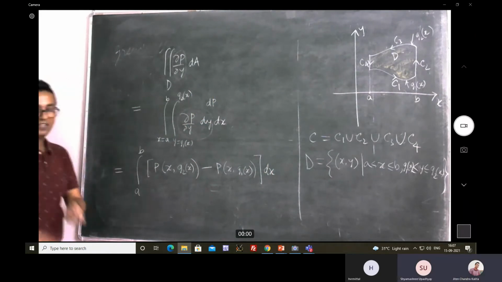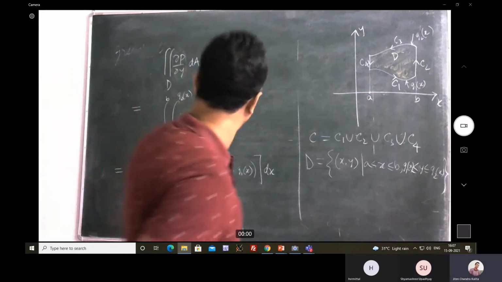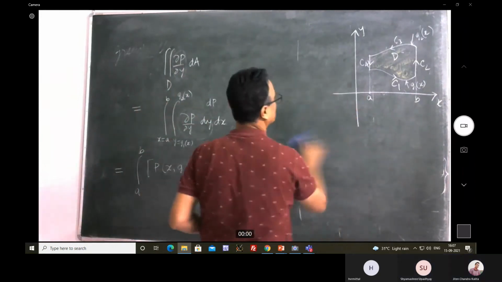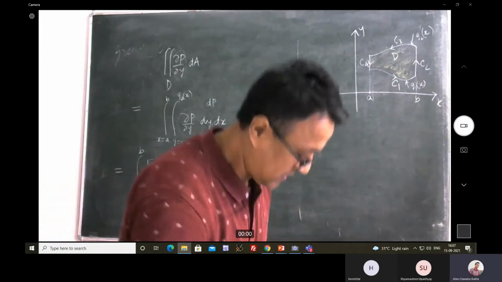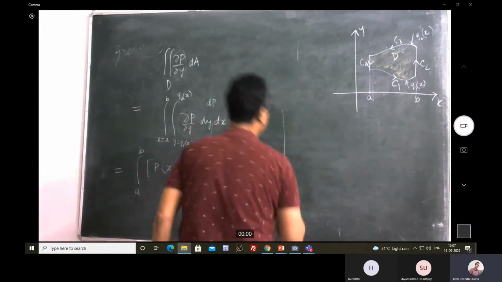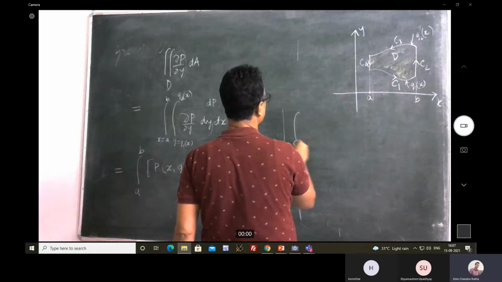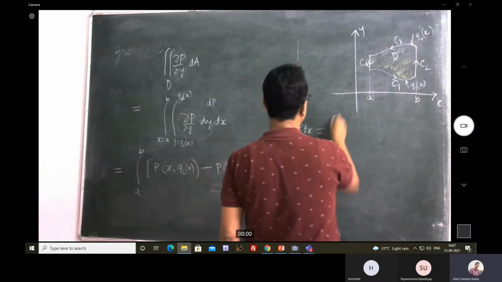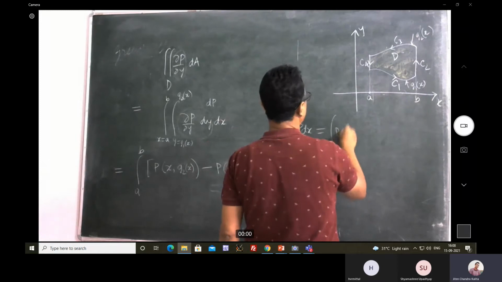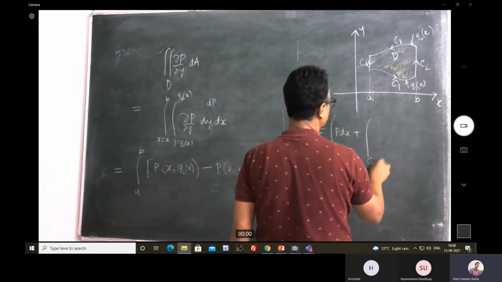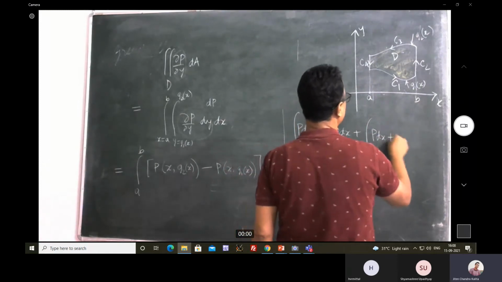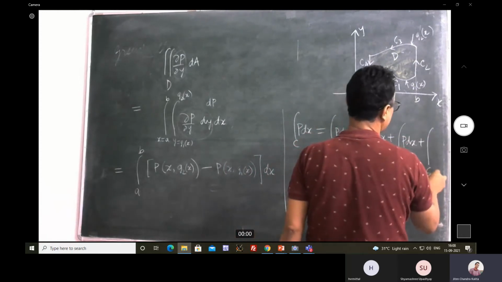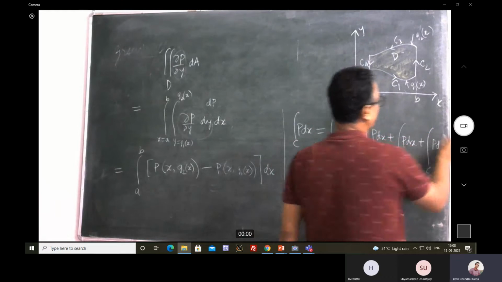Yeah. Fine. So now if I want to perform the integration over C of P dx, this is simply the integral over C1 of P dx plus C2 of P dx, plus C3 of P dx plus C4 of P dx.